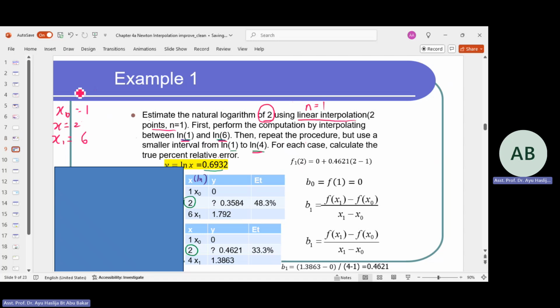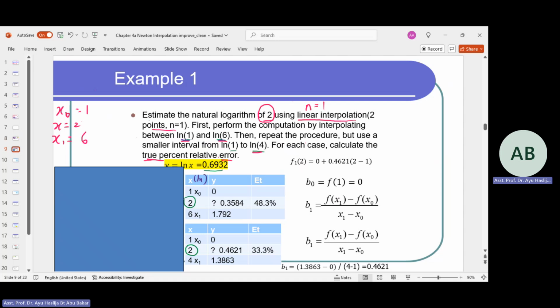If the question asks you to find true error, you need to find the true value first. How to find the true value? That is the equation of error, but the true value is from the calculator.